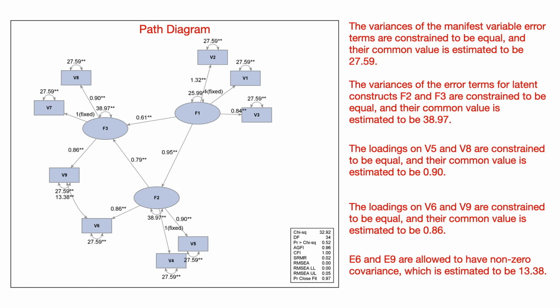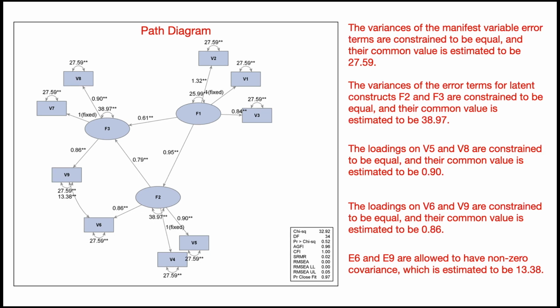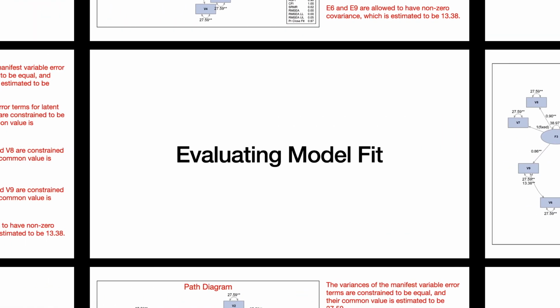And finally, E6 and E9 are allowed to have non-zero covariance, and that covariance is estimated to be 13.38. So we've simplified our initial model. We've imposed several constraints. Let's evaluate the fit of this model.